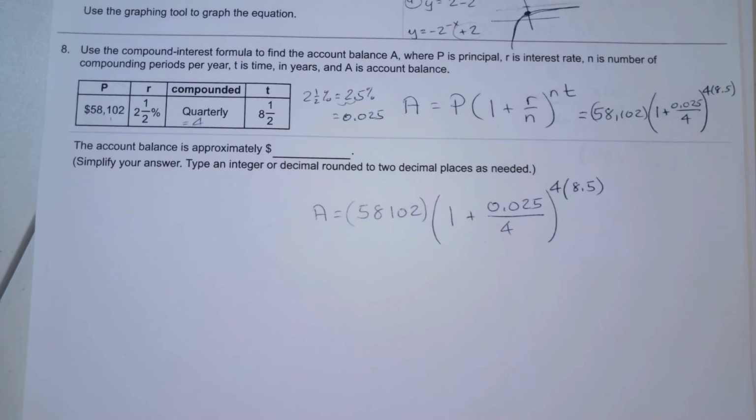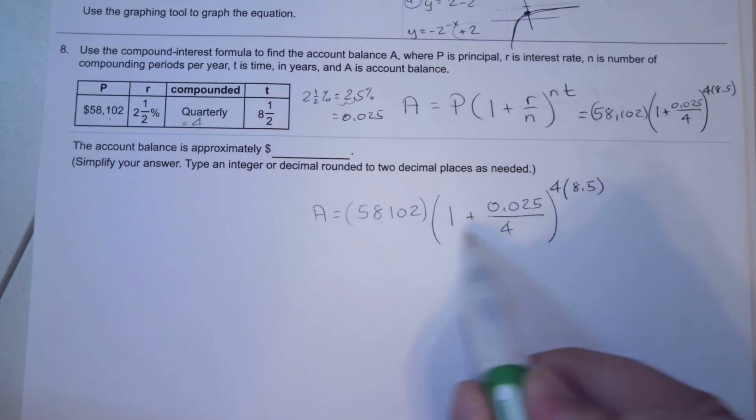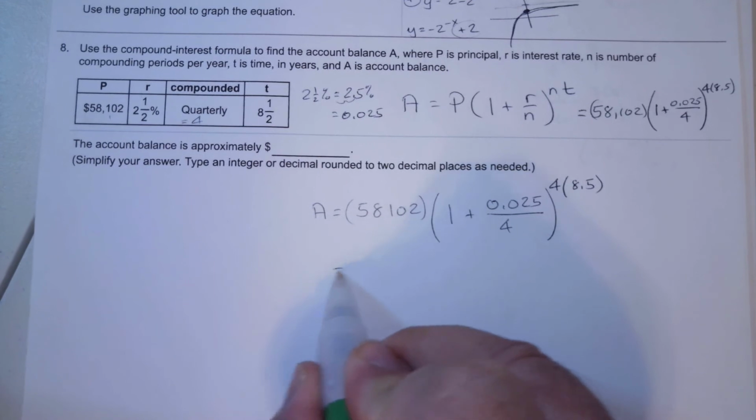Okay, let's put this in our calculators. Okay, here's my calculator. Put it in scientific mode. So I type in 58,102 times, where's my parentheses? Oh, cracky, I don't have any. So I'm first going to do the inside here. I'm going to work my way out.